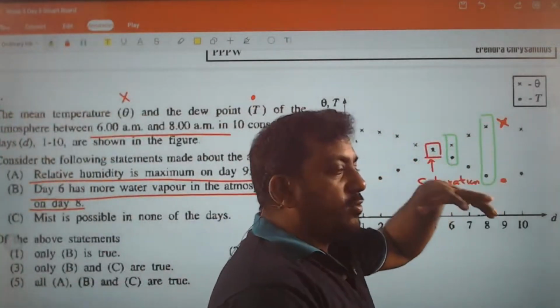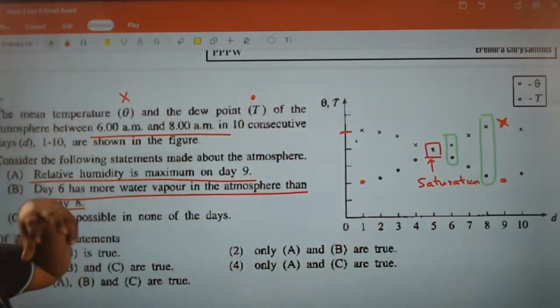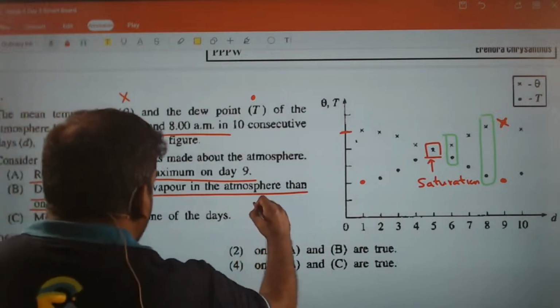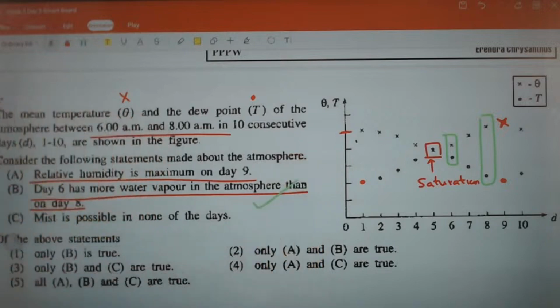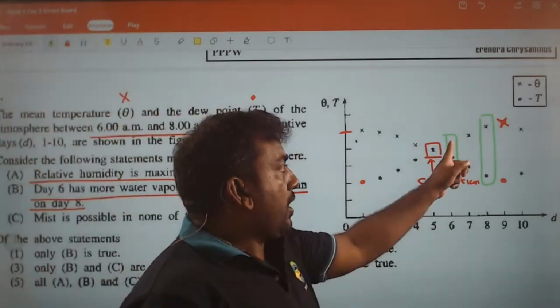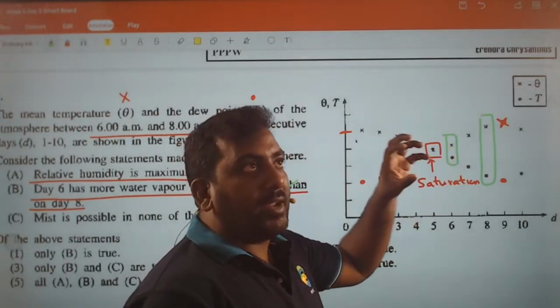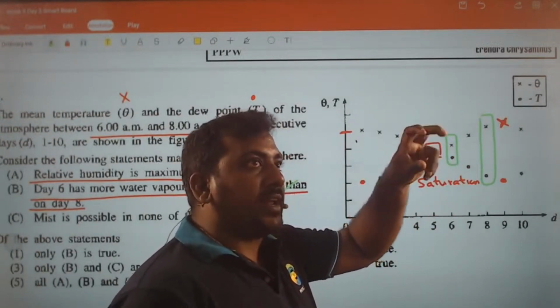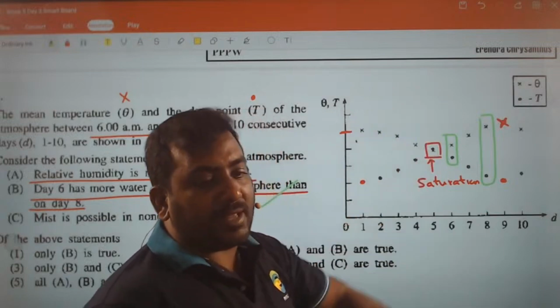Temperature more than dew point means the difference is large, so the amount of water vapor in the atmosphere is low. So therefore you can say this is correct: day 6 has more water vapor. The closer the temperature is to dew point, the closer saturation is, which means more water vapor in the atmosphere.